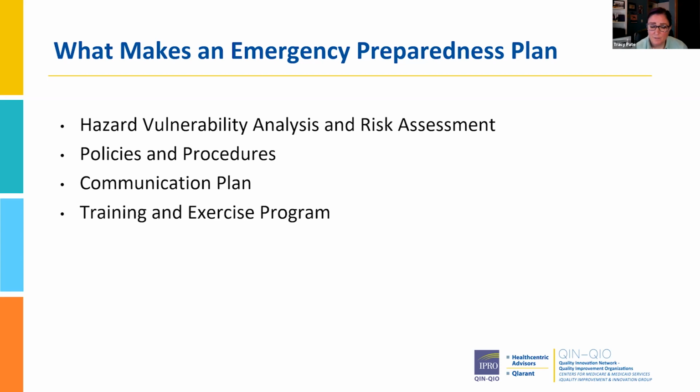And the other great thing, which I'll show you when we do the HVA spreadsheet, is that it's going to kick out your top 5 or 10. I can't remember off the top of my head how many it puts on the chart, but it's going to show you your biggest vulnerabilities. And that's really what you want to build your training and exercise program around.